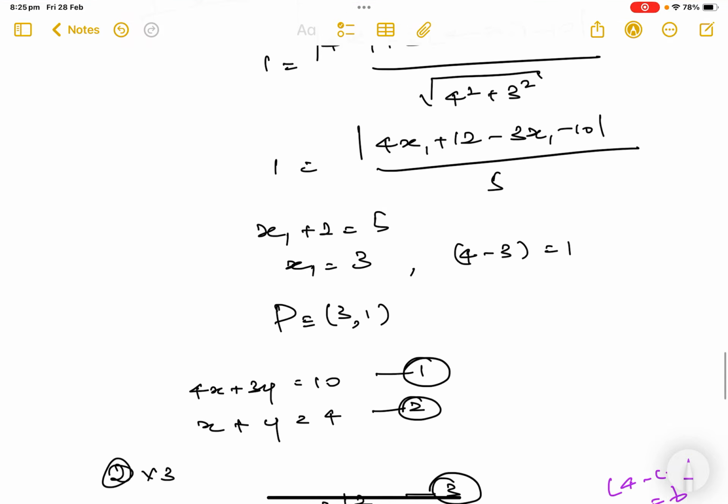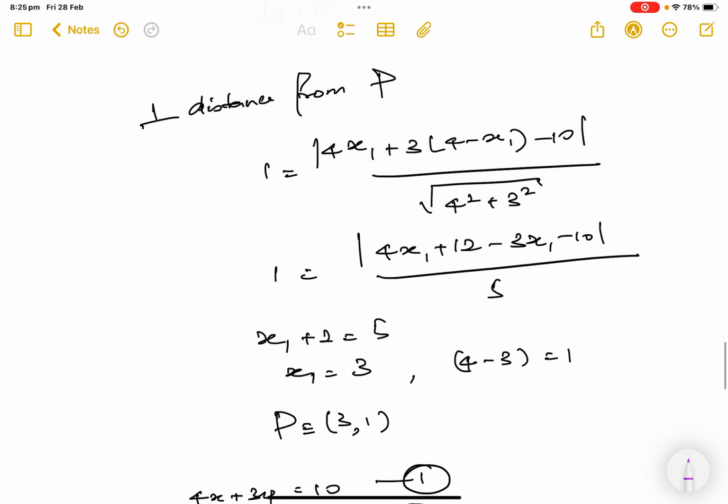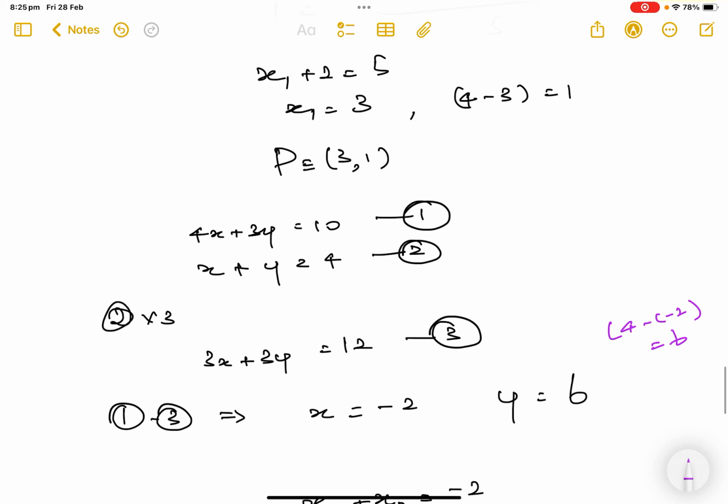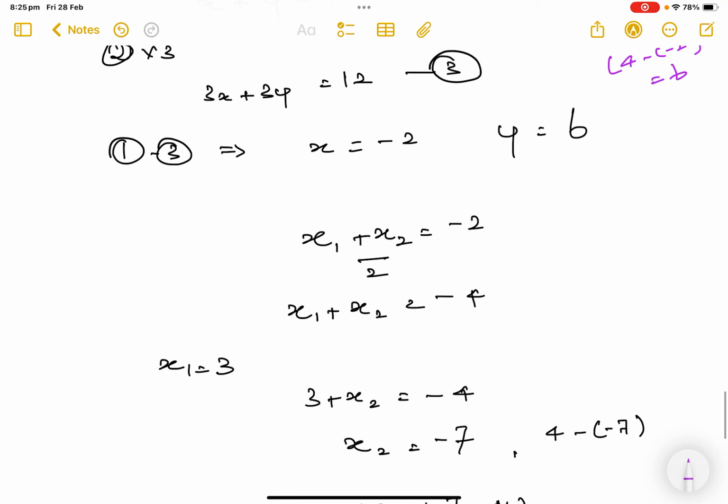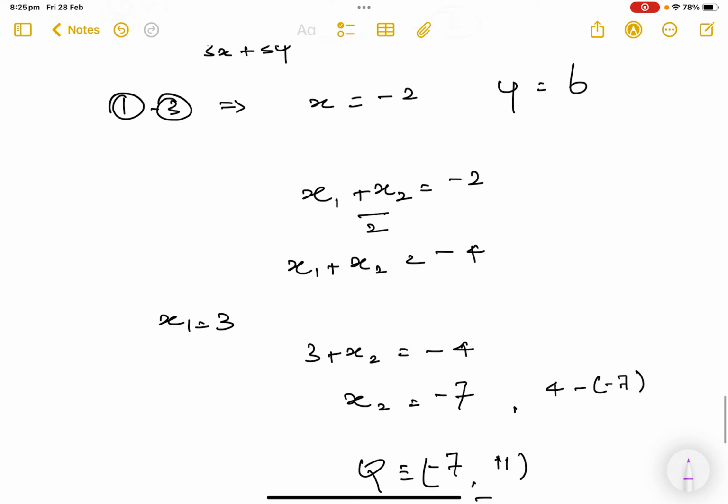From the coordinates of P and Q in the form of x1 and x2, the midpoint is x1 plus x2 over 2. That is what we already found, minus 2. From that, x1 plus x2 is minus 4.